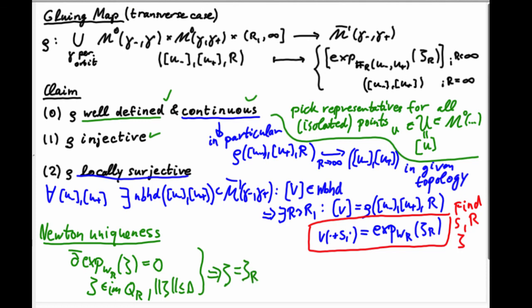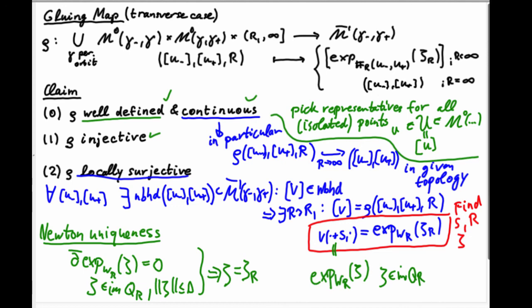So the goal that I'll have here is to find S and R so that I can write this V as X WR of some zeta, where zeta is in that given domain, right? Because then the Newton uniqueness is telling me that it actually is the zeta that we stick into the gluing map.